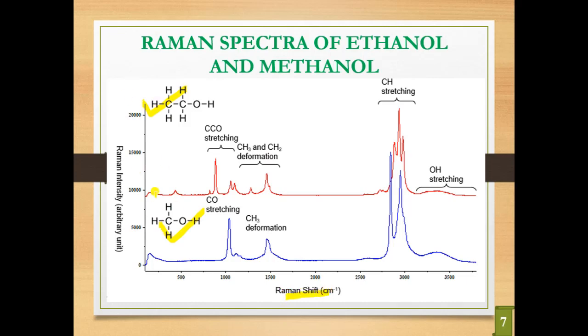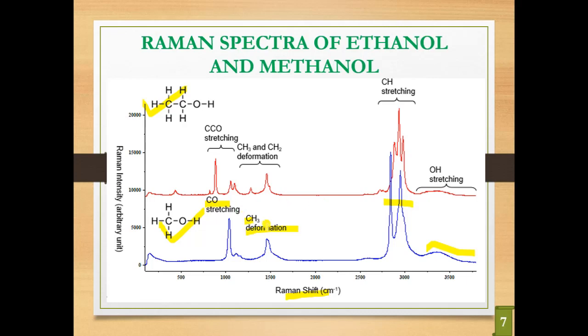This is the spectrum of methanol. What is the structure? CH3OH. Here we are getting two peaks: one is for CO stretching, the other is for CH3 deformation, deformation meaning bending vibration, at this particular frequency. And here we are getting OH stretching and CH stretching.